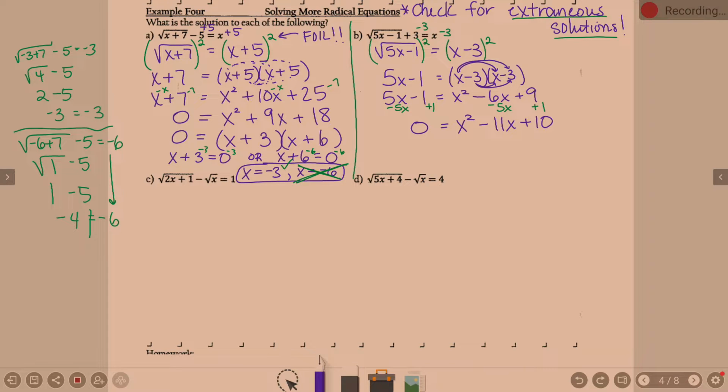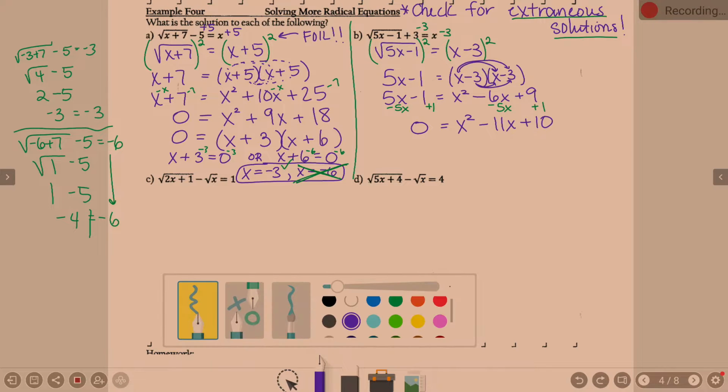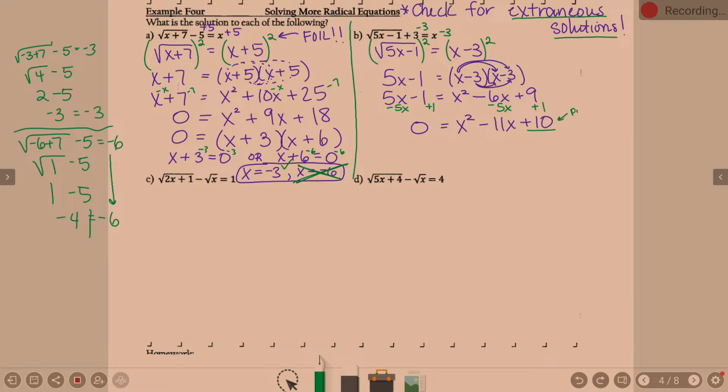So now I need two numbers that multiply to be 10 and add to be negative 11. So we need a product of 10 and a sum of negative 11.